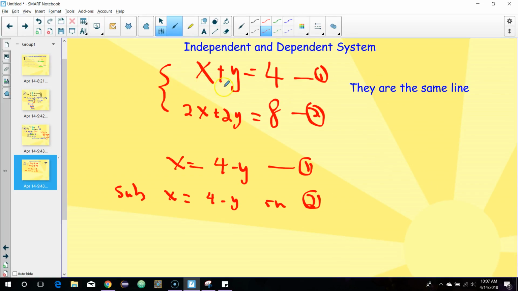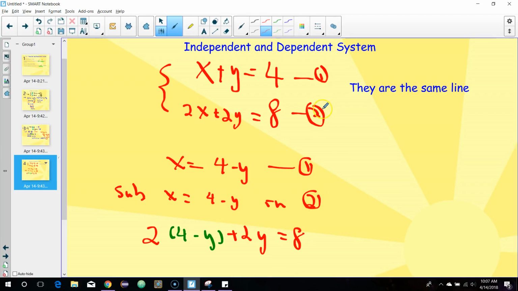Hopefully we have covered this, because when I made the video earlier I didn't talk about this, but I'm pretty sure in class I'll show you an example where we actually have to maneuver this before substitution. So in this scenario, my x over here turns into this 4 minus y, so 2 times 4 minus y plus 2y is equal to 8.